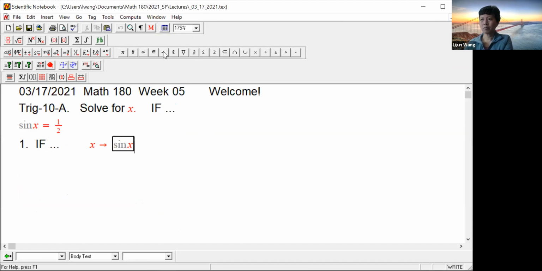We don't know the input. We know the output. You follow me? This if statement means that we know the output and we're looking for inputs. And where do we find the inputs? Wanted are all possible inputs.